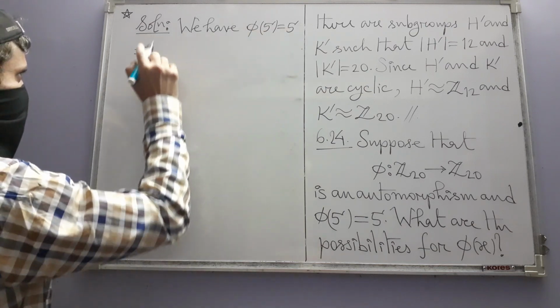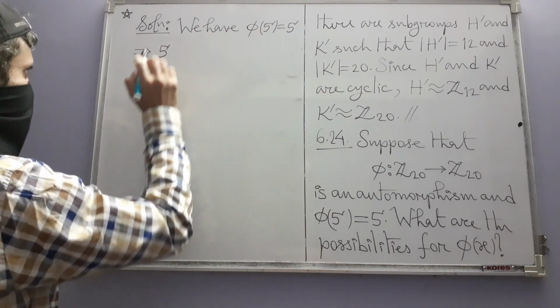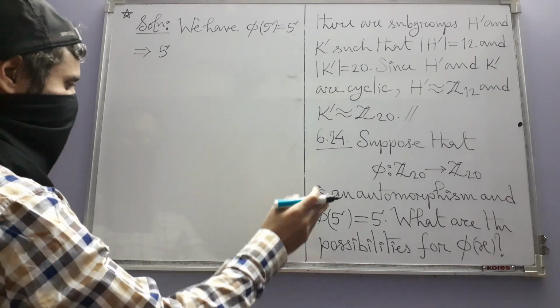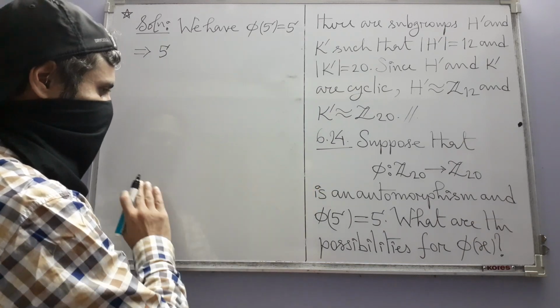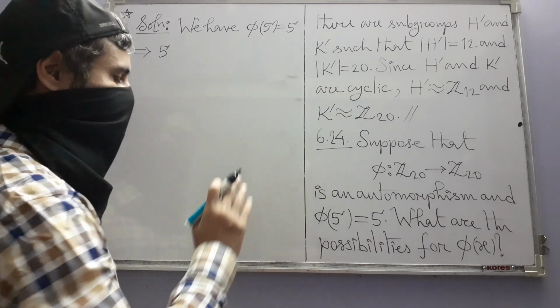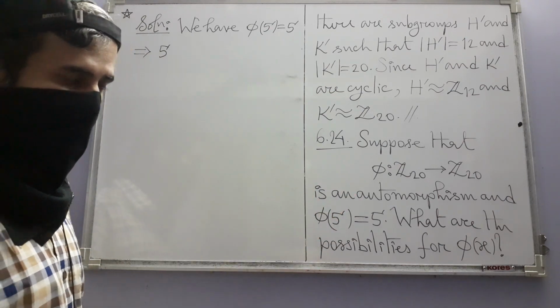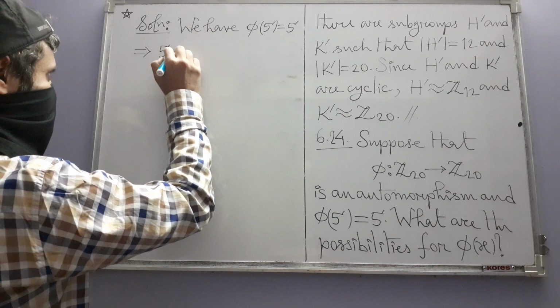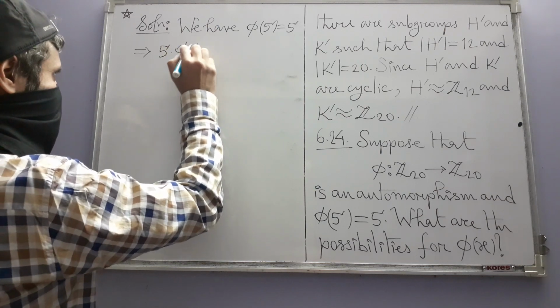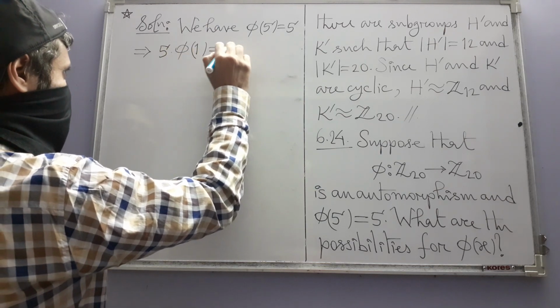So phi of 5 is in fact phi of 1 plus phi of 1, like that; we take 5 copies of phi of 1 and apply the operation on those. So that means 5 times phi of 1 is equal to 5.